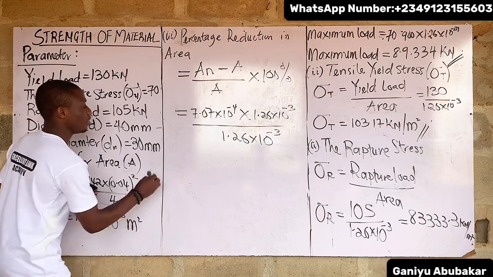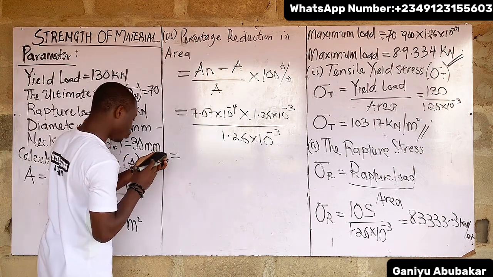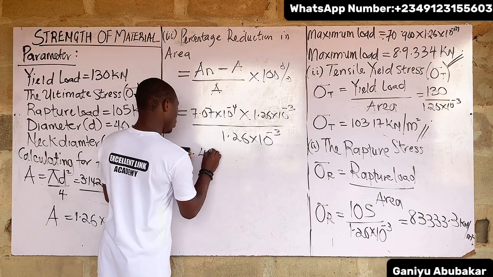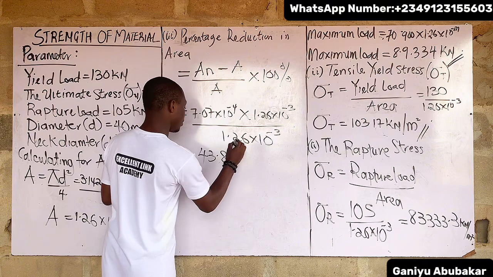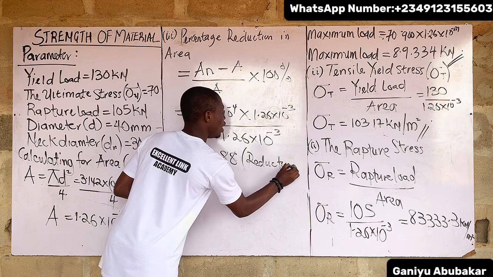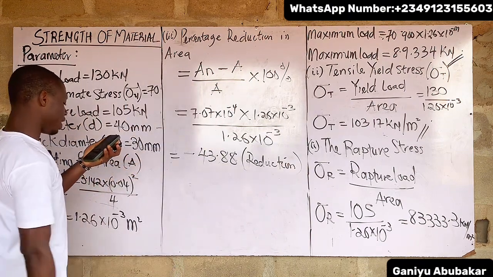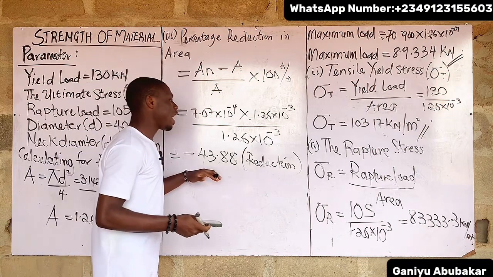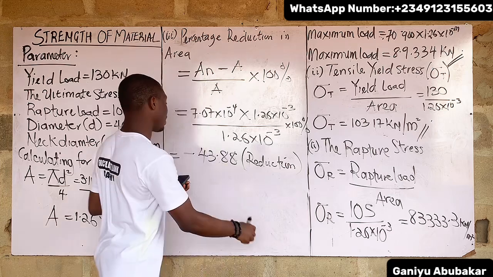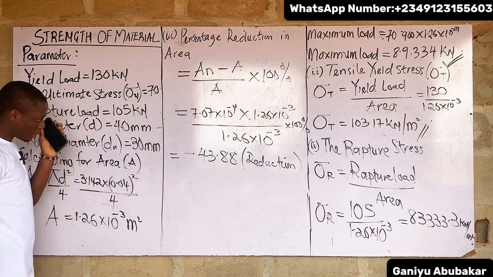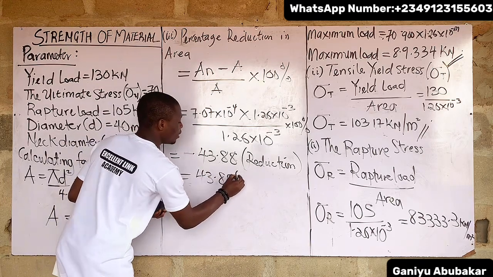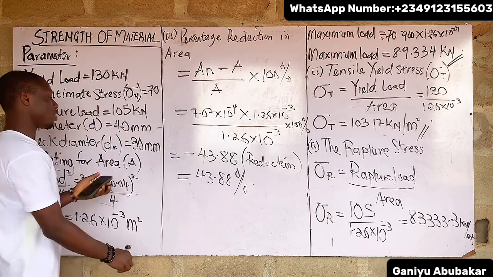From here, what do we get? Multiply the numerator and divide by the denominator. I have about minus 43.88. In terms of percentage, I should not be having a negative sign, right? So I'll ignore the negative sign. That becomes 43.88% as my answer to that question, please.